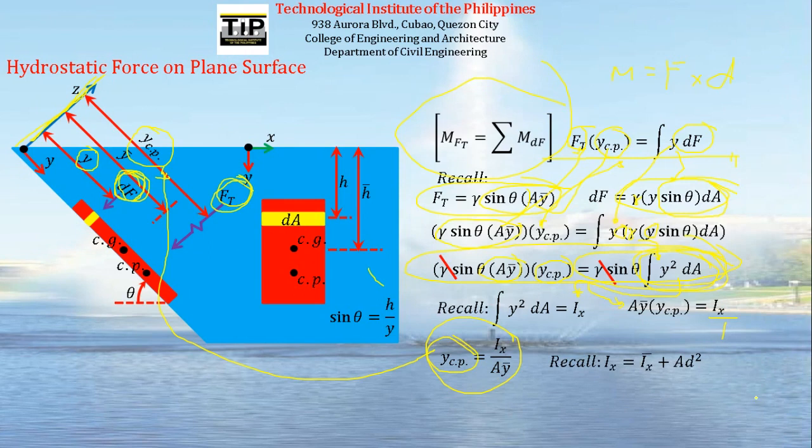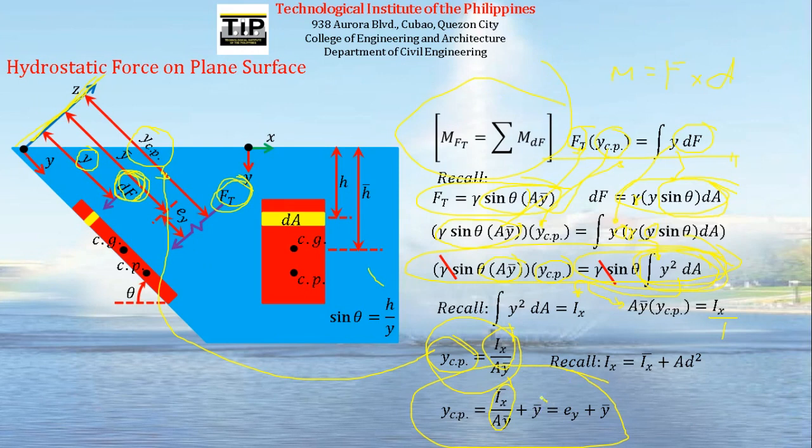Okay, recall, Ix is equal to Ix bar plus AD squared. So the resulting equation will be this. Okay, from this, palitan lang.